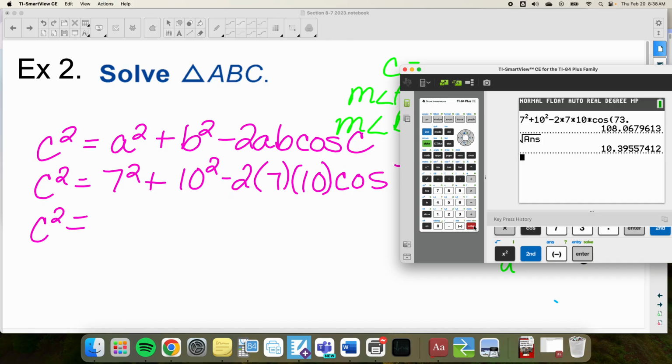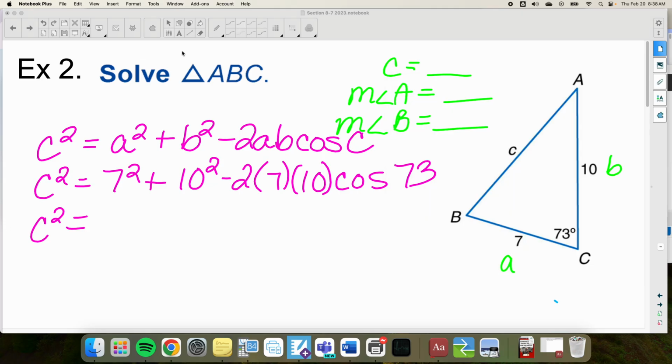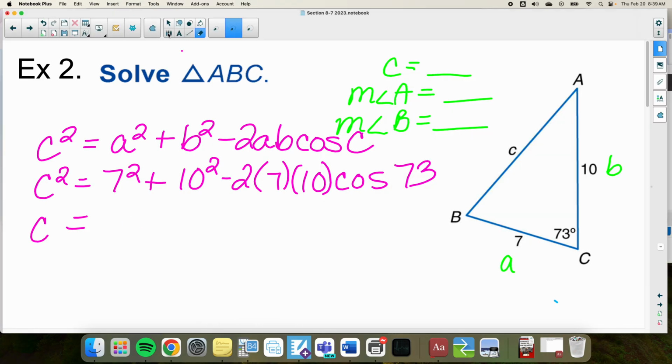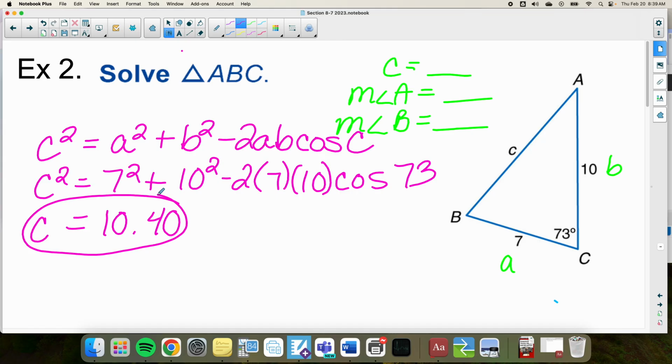That 39, what would that round up to? 40, right? So my C is going to be 10.40. That is my C, okay? I put that here for my answer, and I put it here.